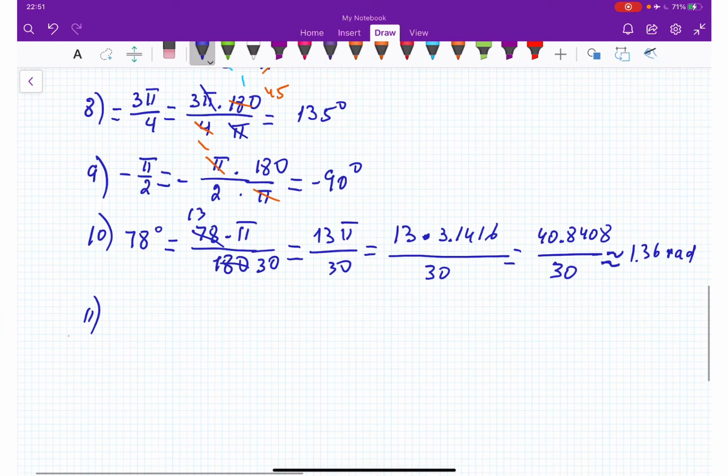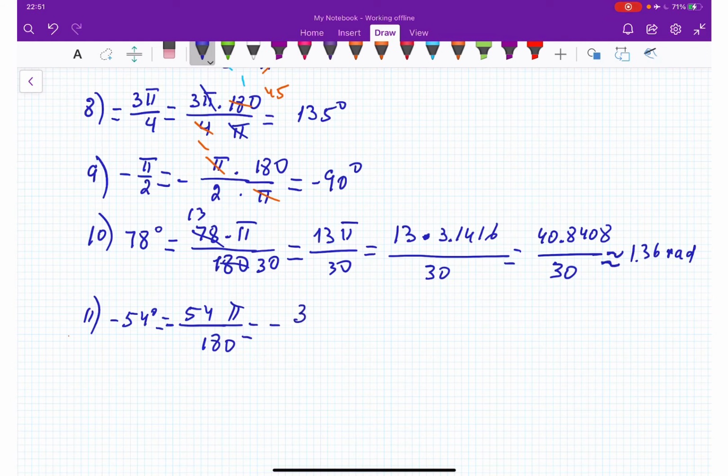Question number 11, negative 54 degrees. That's going to be equal to negative 54 times pi over 180. That is equal to negative 3 pi over 10.